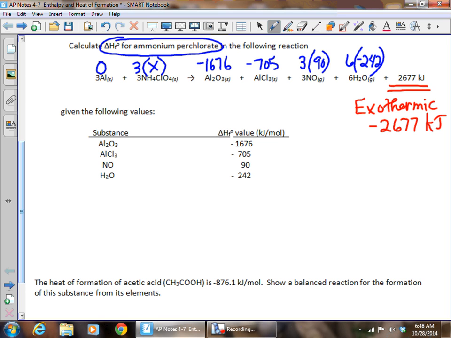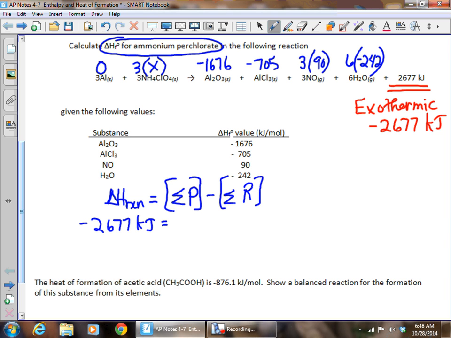So let's set up our equation. Remember, the equation is that the enthalpy of reaction is equal to the sum of the products minus the sum of the reactants. So we know that the heat of reaction is negative 2,677 kilojoules. Remember that we will be so much better off if we remind ourselves to keep those in brackets until we get those calculations.